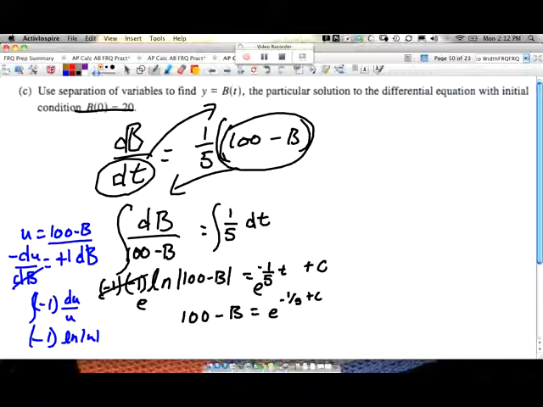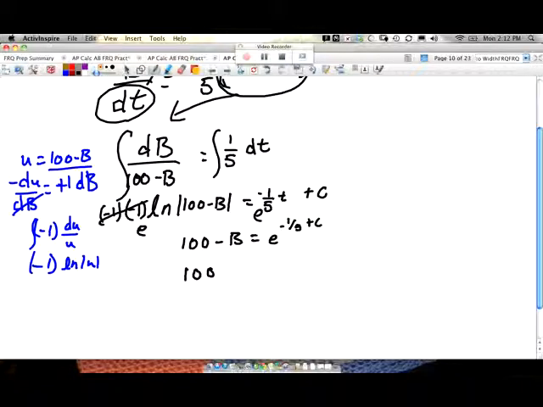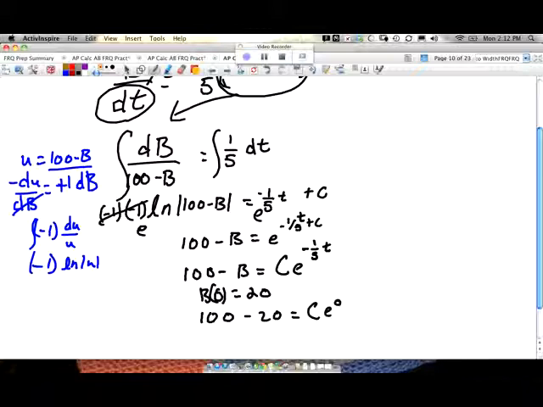If I keep going, I'll drop that c down, and I'll have 100 minus b equals c times e to the negative 1/5 t. Now we know that b of 0 equals 20. So when we plug in 0 for t, this should be 20. That means 100 minus 20 equals c times e to the 0, which is really just c. So 80 equals c.